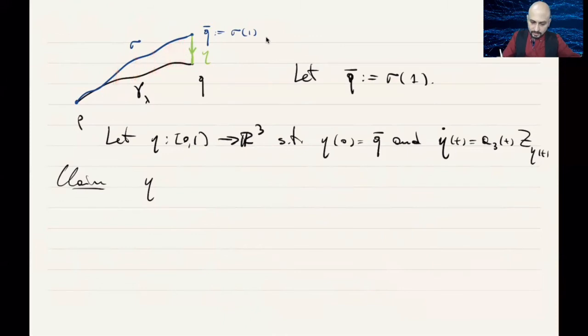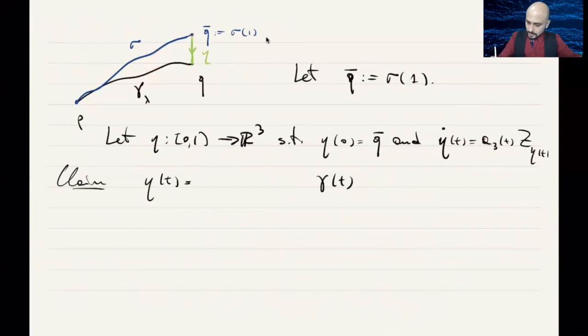So I write it like this: eta of t is, consider gamma(t), the point here, then left translate by sigma(t) inverse, and then bring it to q bar.